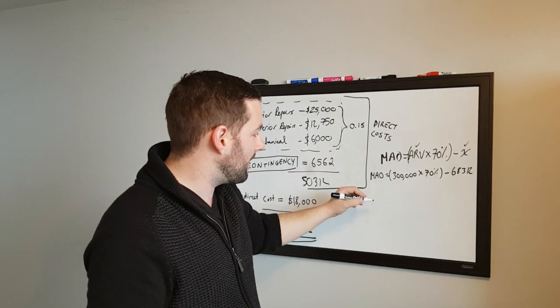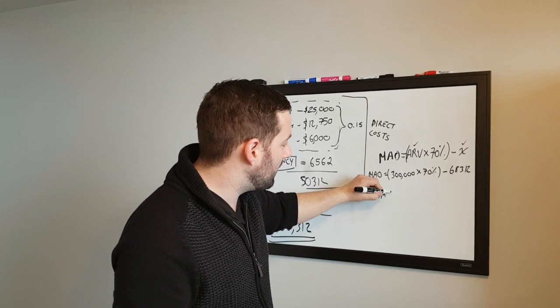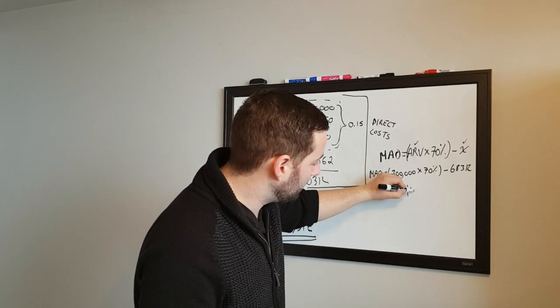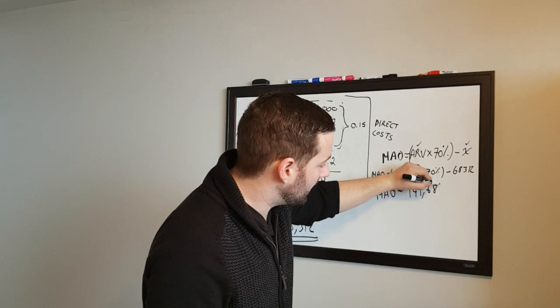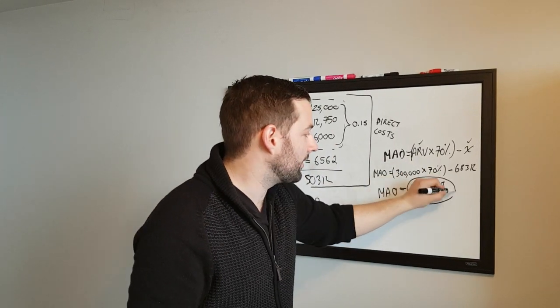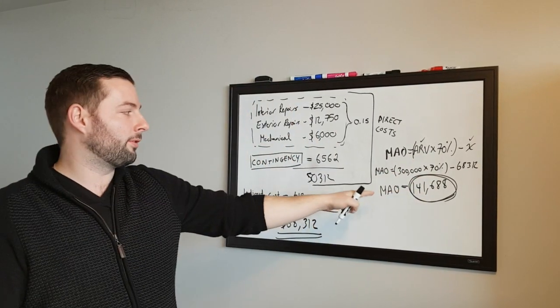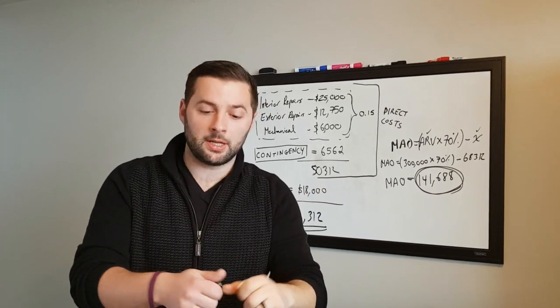So if we do this math out quickly here, the MAO winds up coming down to $141,688. So this here is the maximum allowable offer that we can put in to a seller.